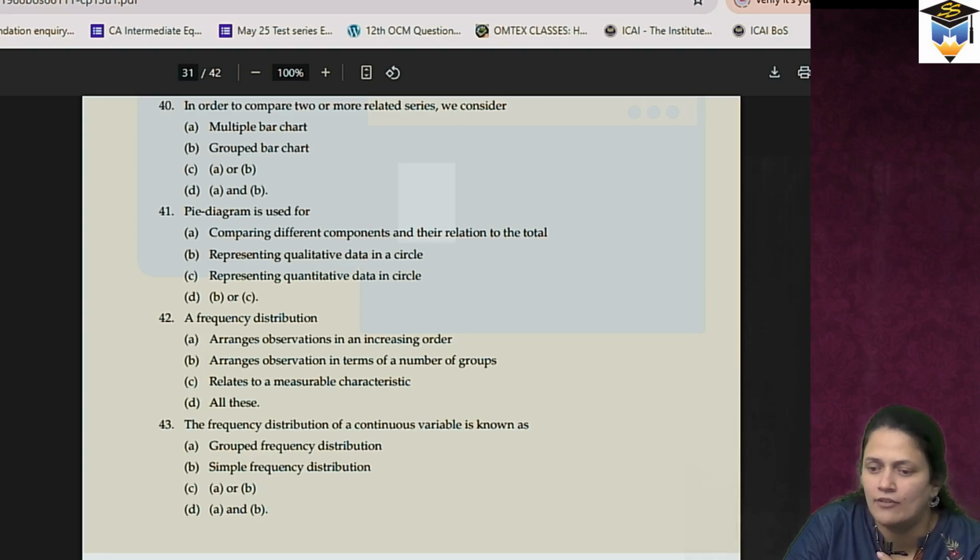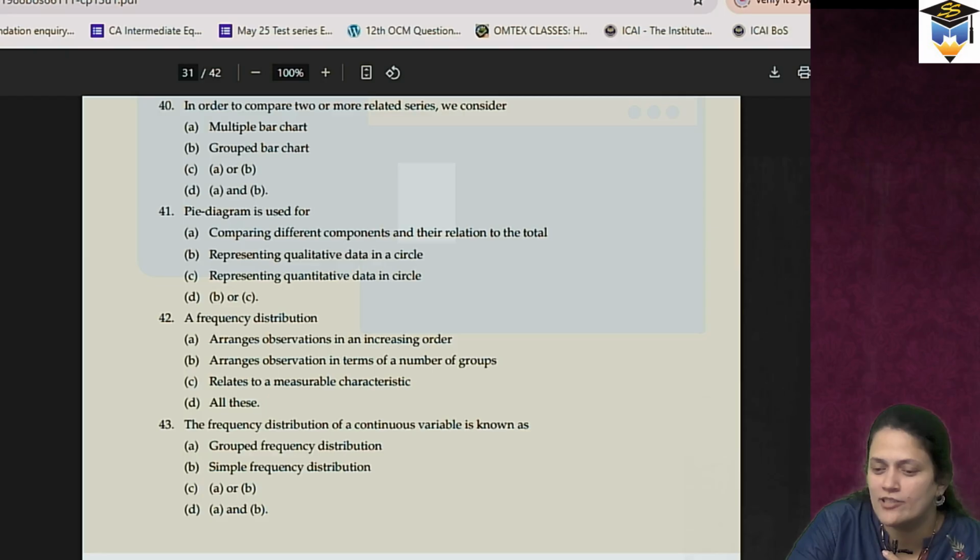Okay, now 41. Pie diagram is used for comparing different components of the relation, representing qualitative data in a circle, representing quantitative data in a circle, B or C. What is the answer? A or B?